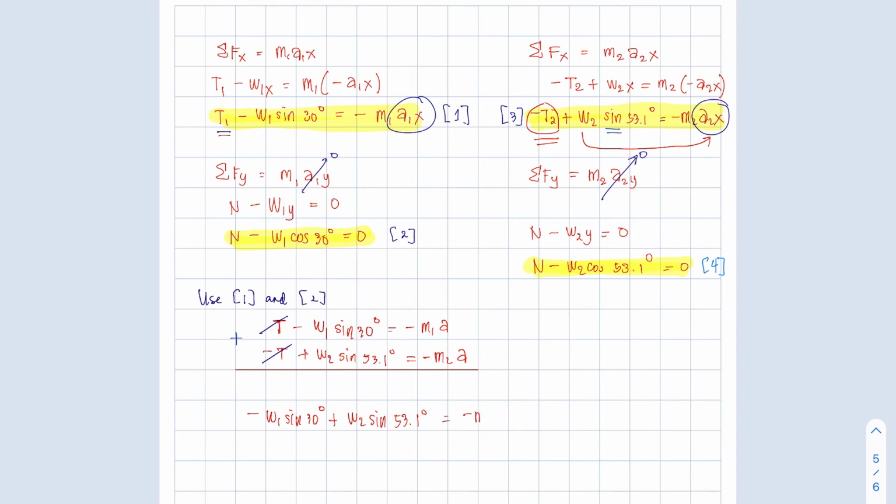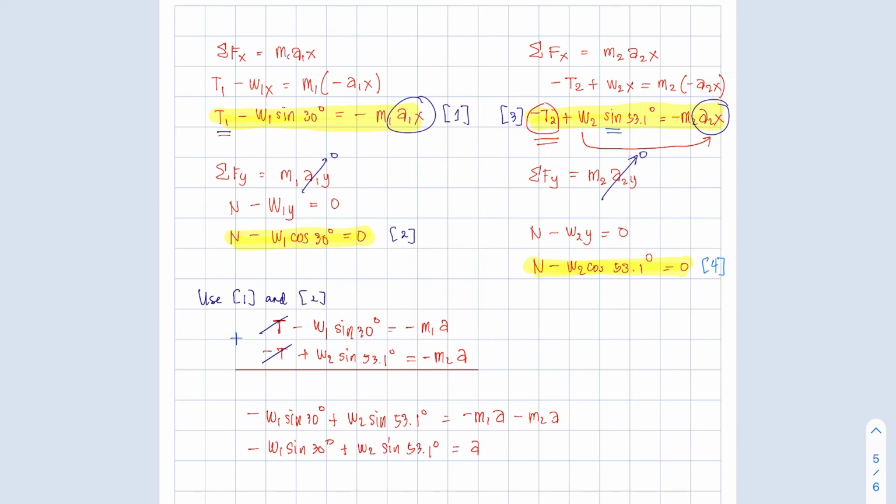And then sa taas, meron tayong negative M1A tapos plus negative M2A. So sa nakikita nyo, I could simplify the right-hand side. Maybe I could do it in this way. Negative W1 sine of 30 degrees plus W2 sine of 53.1 degrees.